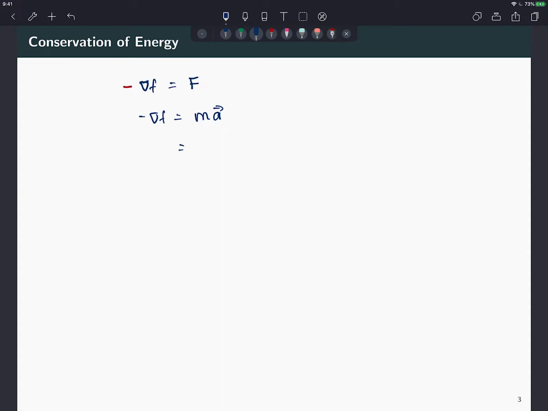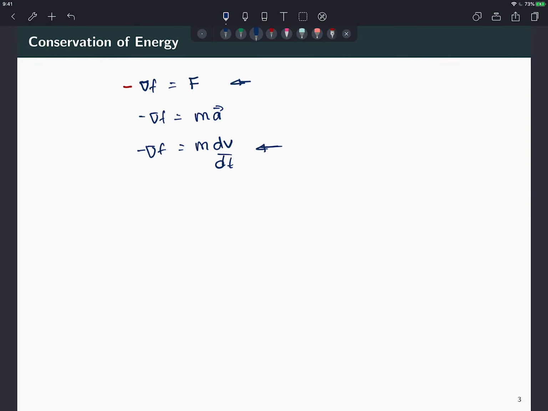And the acceleration is the derivative of the velocity. By doing simple substitutions, the negative gradient is m times dv dt. Very plain and simple.